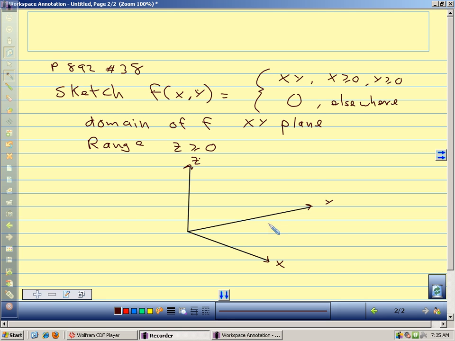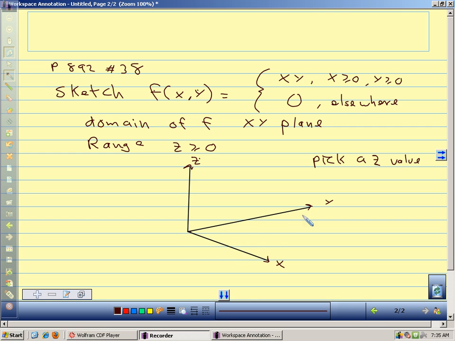So what I'm going to do is let's pick a z value that will be easy to work with. 0. So if z is 0, what are x and y? 0. So we know that our function is going to be kind of connected to the x and y axis. So if x is 0, our function is 0 down here. If y is 0, our function is 0 down here. So we know that our function is going to go down to each axis.